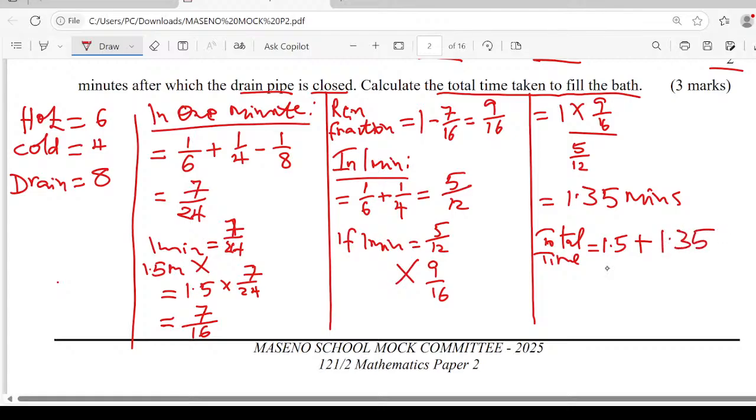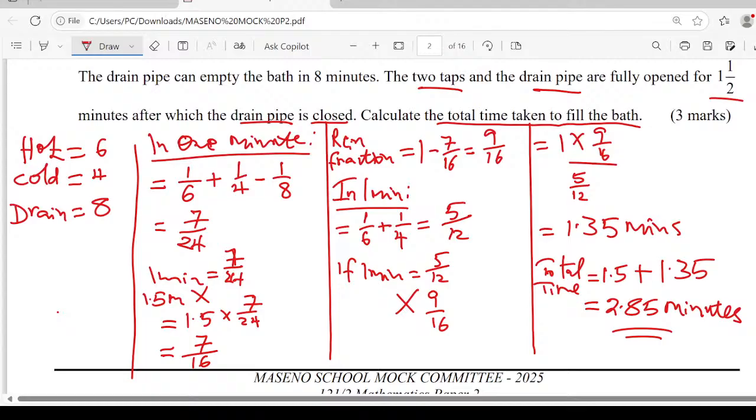When you sum this, it is going to be 2.85 minutes. That was the total time taken to fill that bath. Very, very good question.